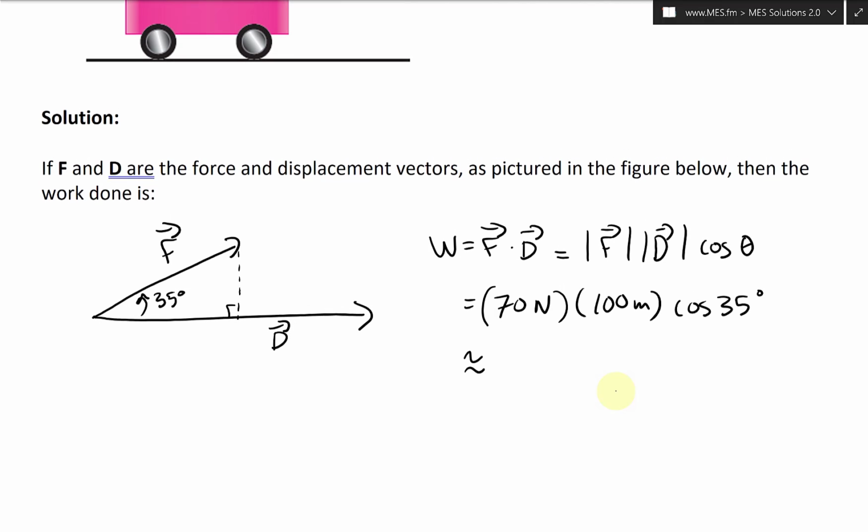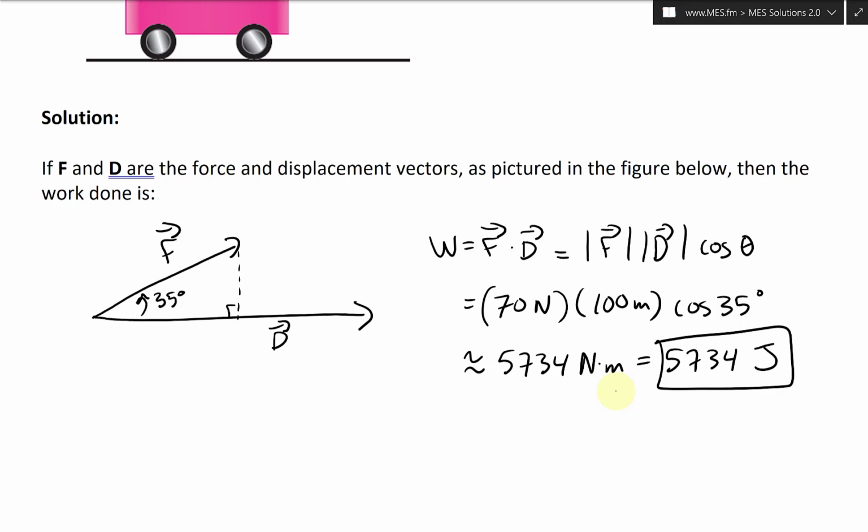If you plug this into the calculator, you get about 5734 newton meters, which equals 5734 joules, or J. So joules or newton meters. The unit of energy is just a unit of work there.